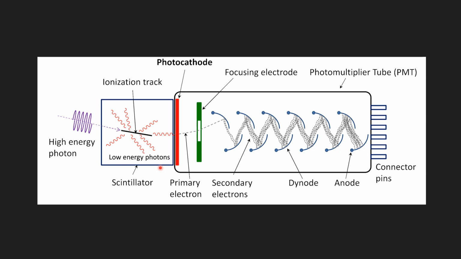The photoelectric effect that we talked about in the previous slides. So if the energy of the photon is enough, the electron is released, and we will have the emission of the photoelectron. This is the primary electron.